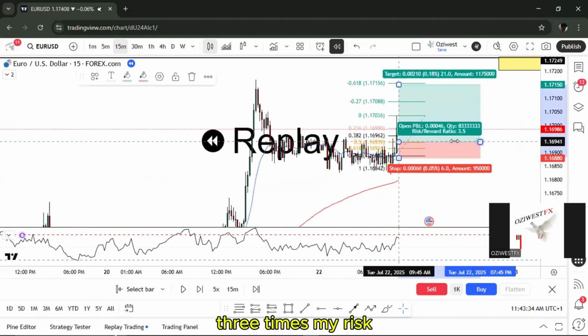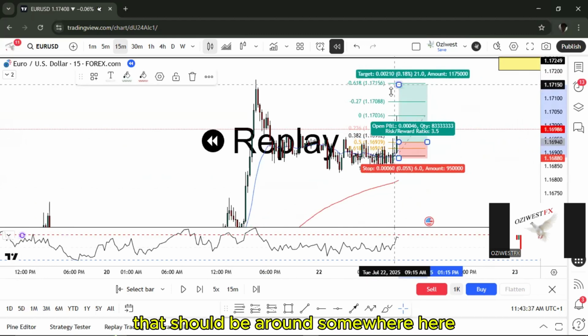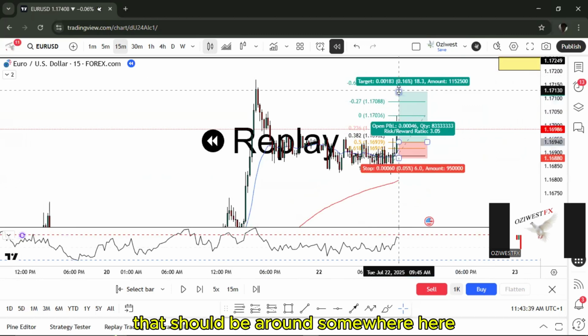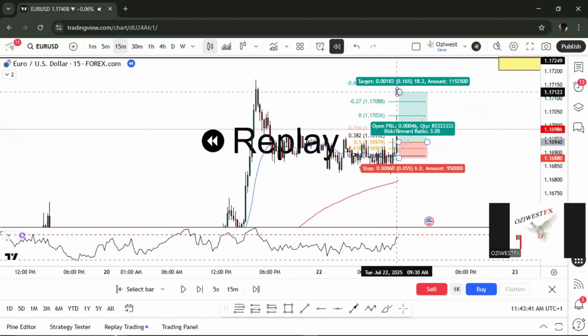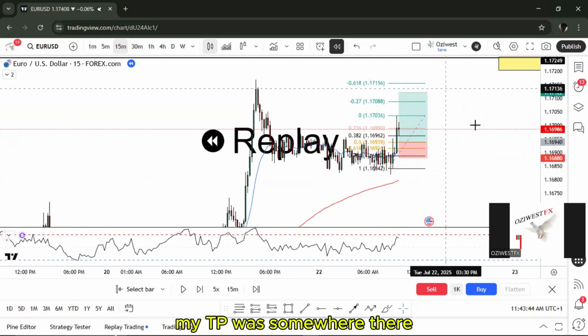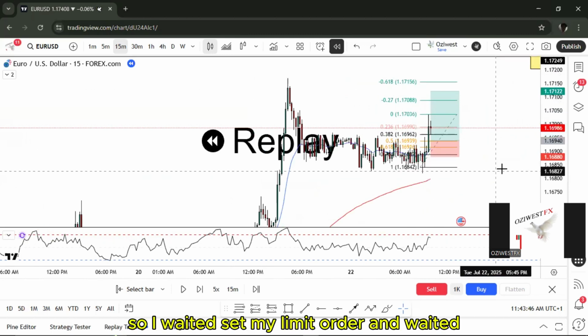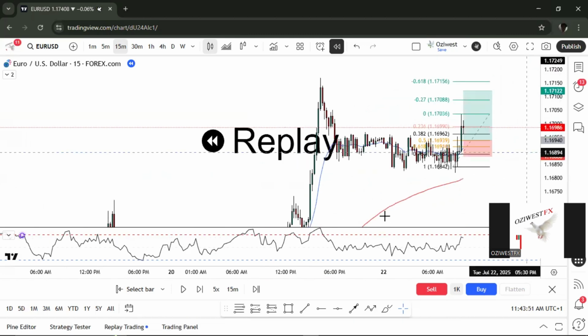It should be around somewhere here. My TP was somewhere there. So I waited, set my limit order and waited. Let's see how it played out.